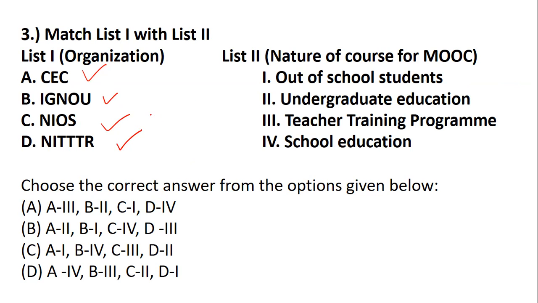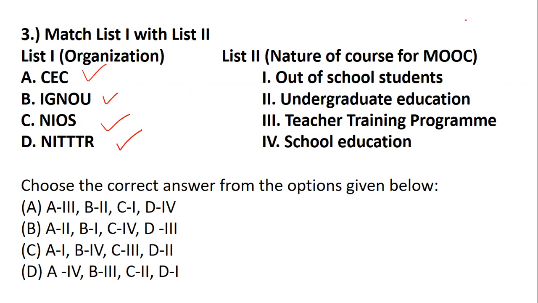Now, as I've been telling you from day one, nowadays UGC NTA NET gives acronyms. You should know the meaning of the acronym and also what it stands for. If you know what CEC, IGNOU, NIOS or NITTTR stand for, it is very easy to come to the answer.